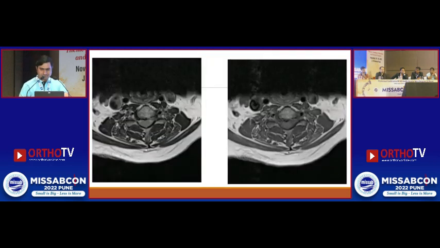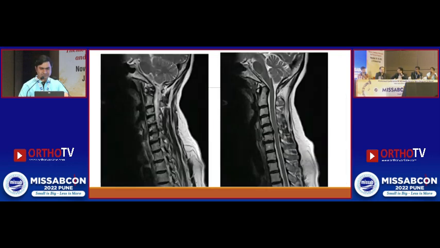There is a foraminal disc. She does not have any myelopathic signs, although in the sagittal MRI there is a slight posterior compression and slight changes. How would you like to go in this patient?